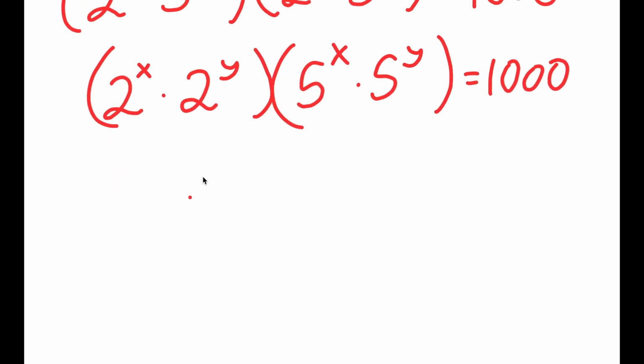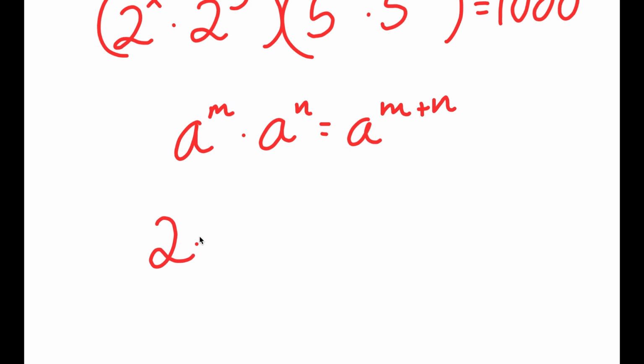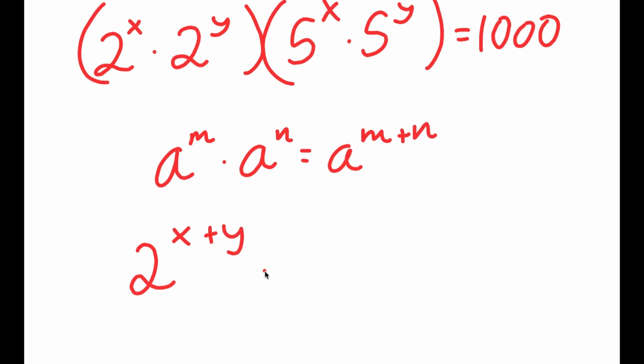Now the reason I did this is because if I have something in the form a to the power of m times a to the power of n, this is equal to a to the power of m plus n. So 2 to the power of x times 2 to the power of y is going to equal 2 to the power of x plus y, and then I have this times 5 to the power of x plus y is equal to 1000.